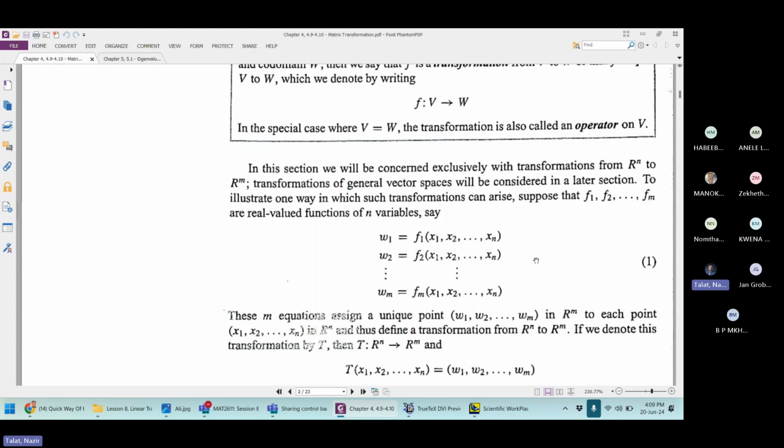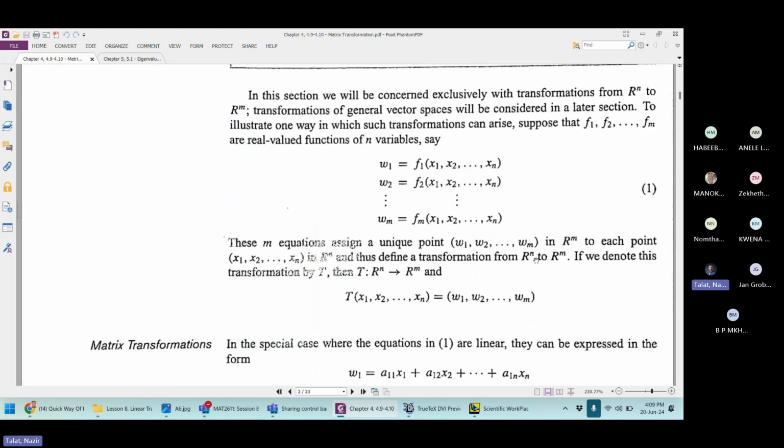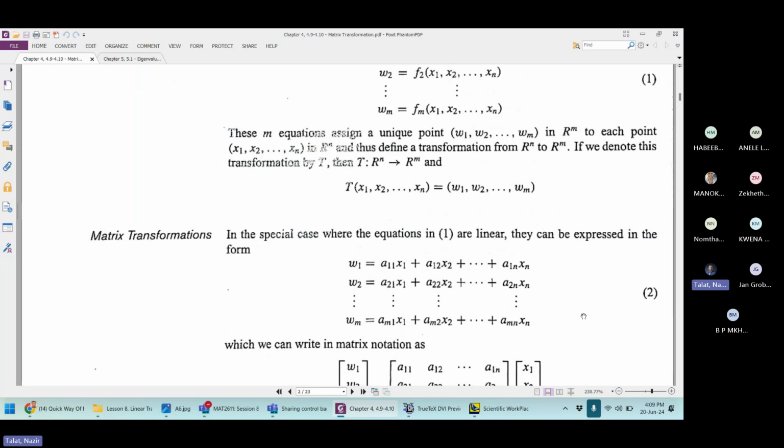If we combine all these, we will get a unique vector in Rm, which is w1, w2 up to wm. So we can combine F1, F2, F3 as T, and T is a transformation from Rn to Rm. This gives us the idea of a matrix transformation.